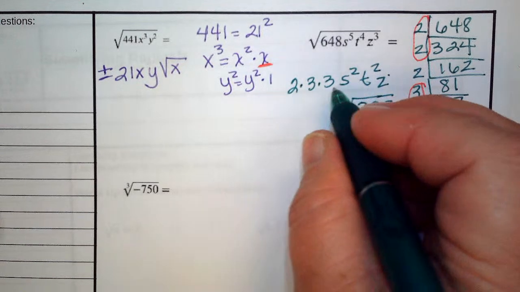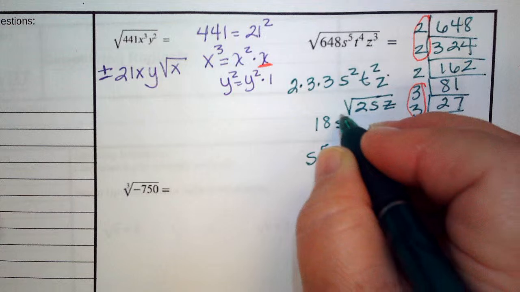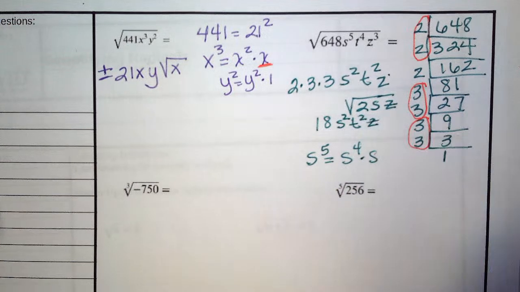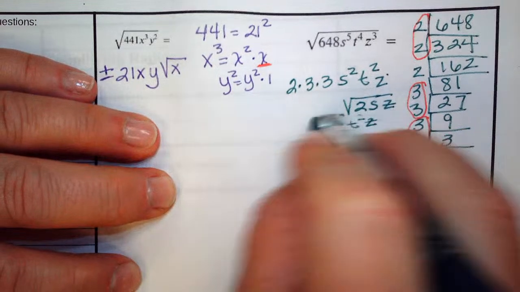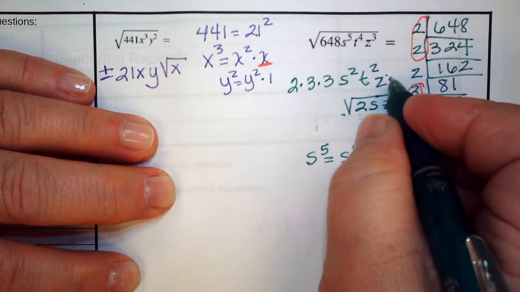So 2 times 9 is 18. S squared, t squared, z. I'm going to have to move this over. Right here, this is times.